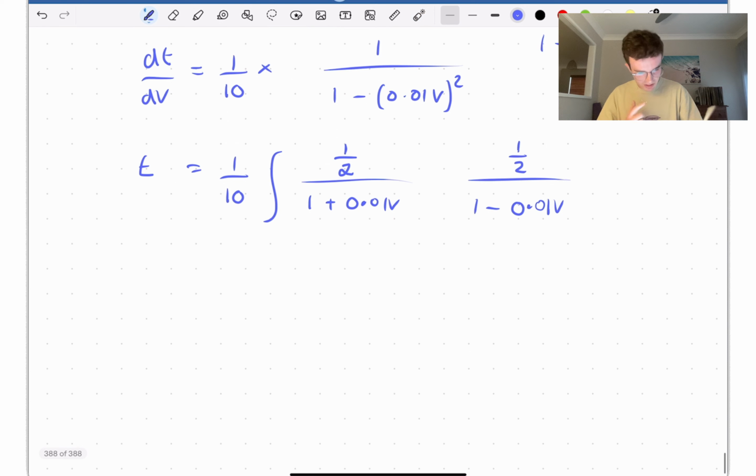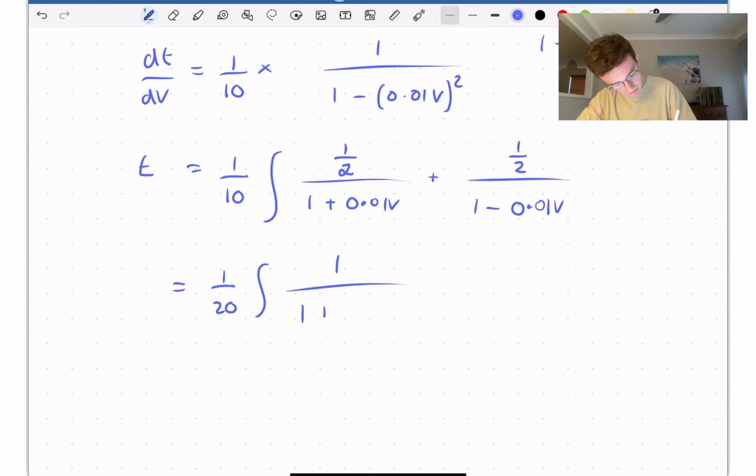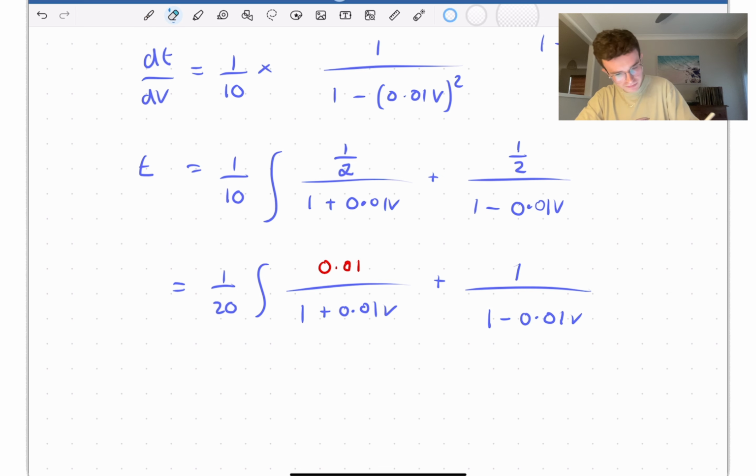Okay, so we might take the 1 on 2 out and make this 1 on 20, the integral of 1 over 1 plus 0.01 v plus 1 over 1 minus 0.01 v. Now in an ideal world, we want 0.01 on the top of both of these. So we do need to put out the front of this integral 1 over 0.01.